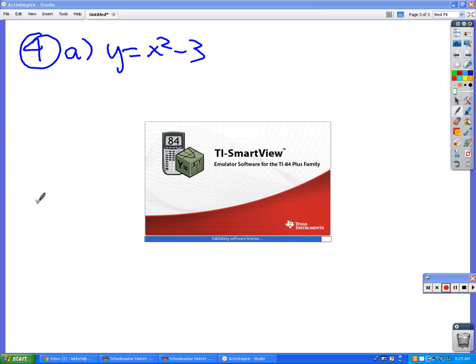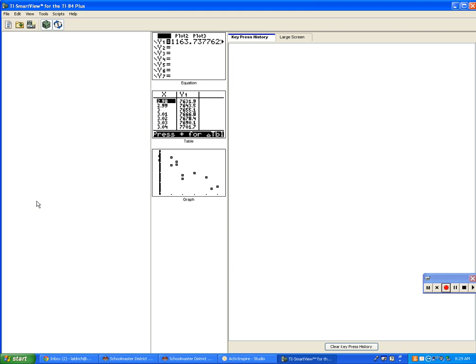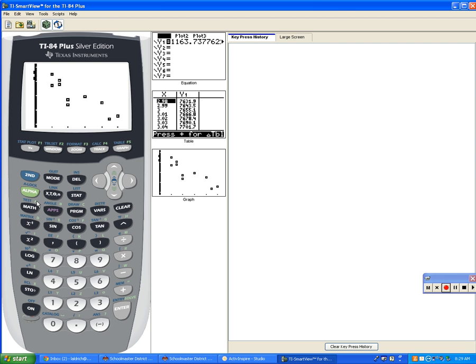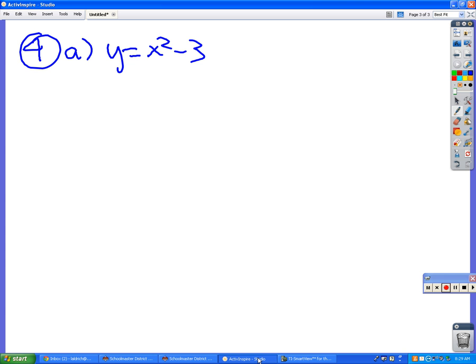So if you have x squared minus 3, is there any way that you can divide by 0? No. Is there any way that you can take the square root of a negative number? No. No fractions, there's no square roots. And so that means that my domain is from negative infinity to infinity. Okay?